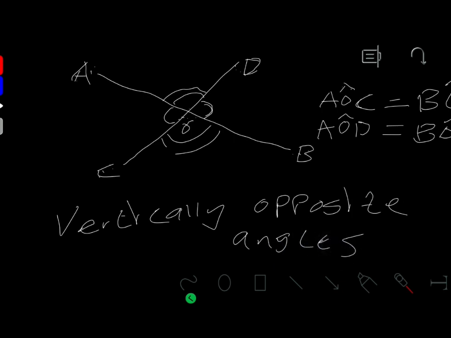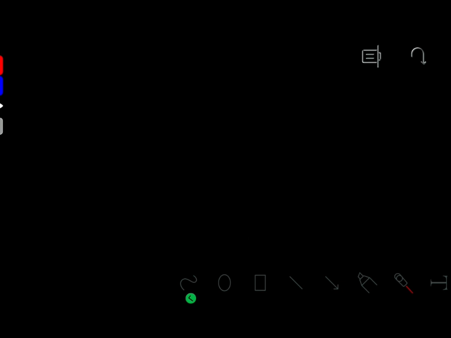Okay, now let's look at the next type of angle. Now we'll be looking at angles meeting at a point. Let's say you have 4 lines that meet at a point. Let's go 1, 2, 3, 4. Right? Let's call the center O or origin.